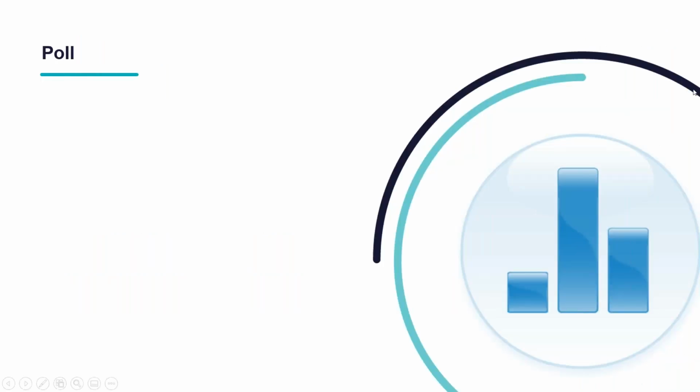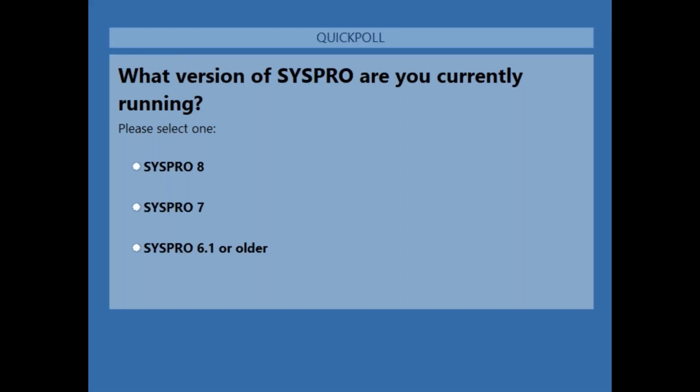So now that we've talked a little bit about releases, what I'd like to know is what version of SYSPRO are you currently running? And just a quick poll, and I'm going to launch it up. If you wouldn't mind answering for me, where are you currently sitting at? Is it 8, SYSPRO 7, 6, or older? And I can see over half of you have already voted.